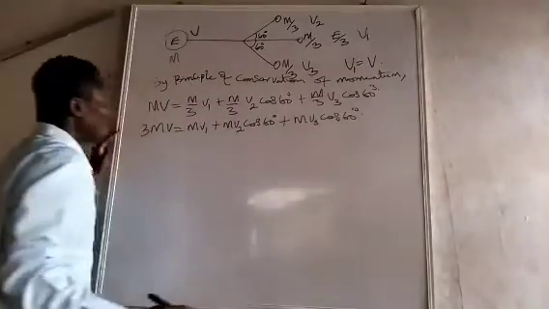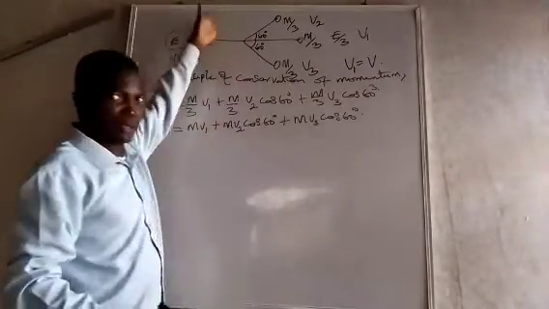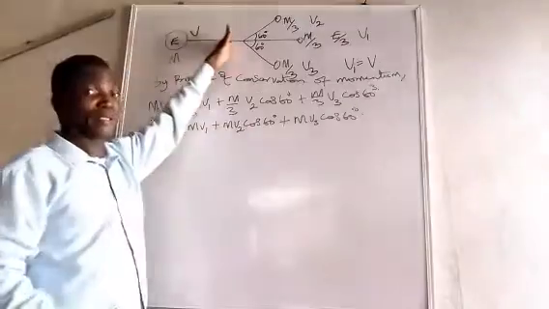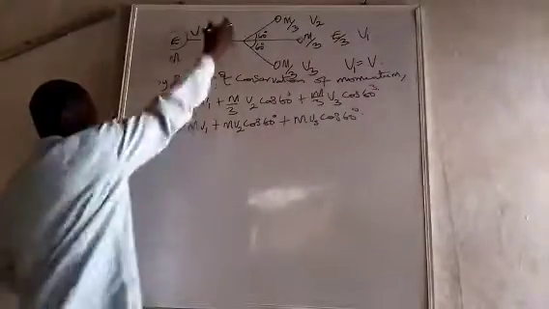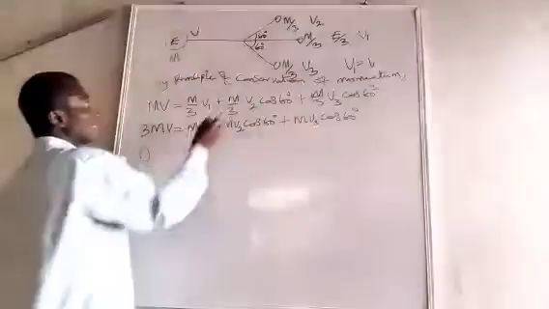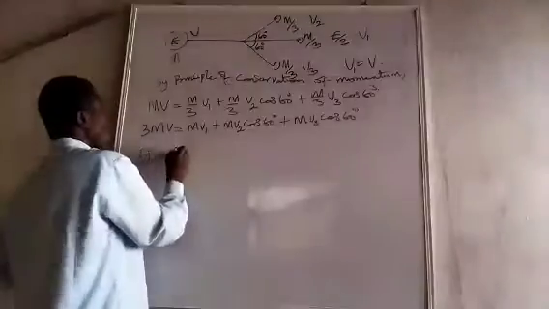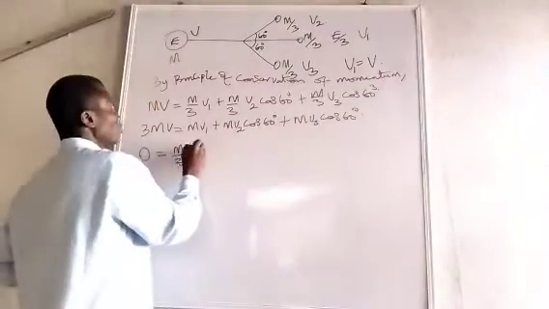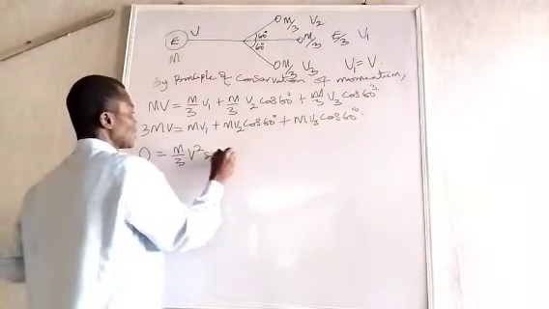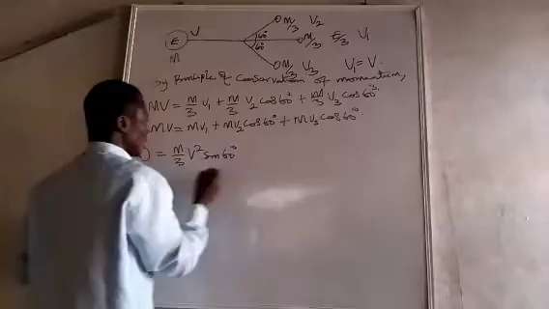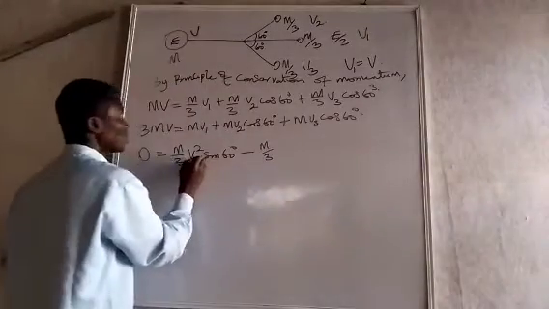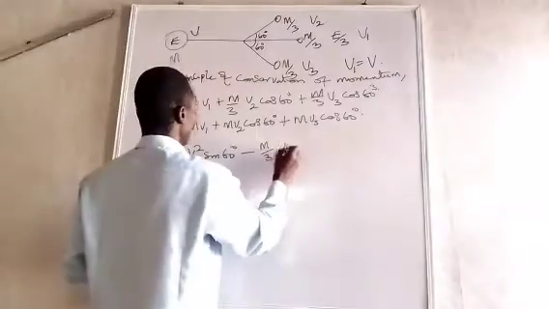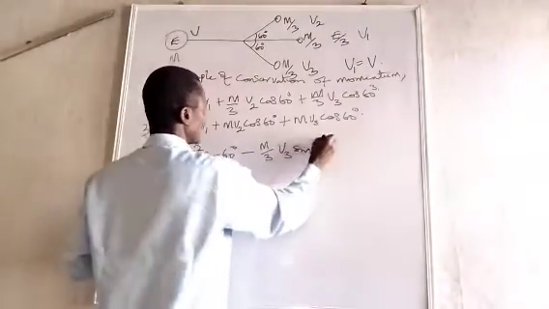And we know that along the perpendicular direction, momentum is 0 because there is no component of the initial velocity along this direction. Therefore, 0 is equal to m over 3 v2 sine 60 degrees, reacting in the opposite direction, minus m over 3 v3 sine 60 degrees.